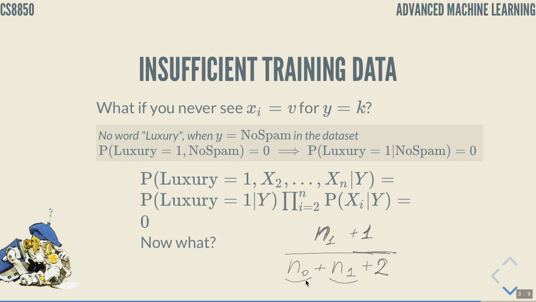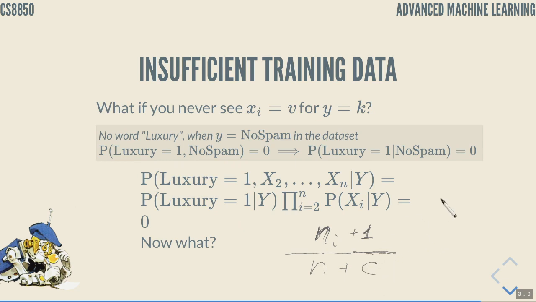In a multi-category case, it will be the cardinality of our variable, the number of possible values.